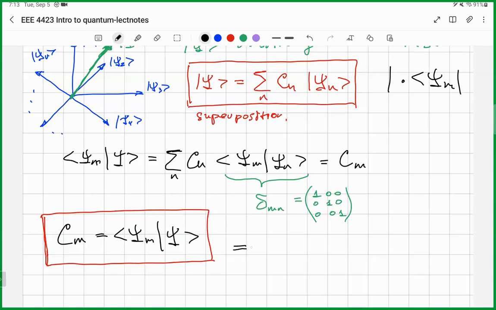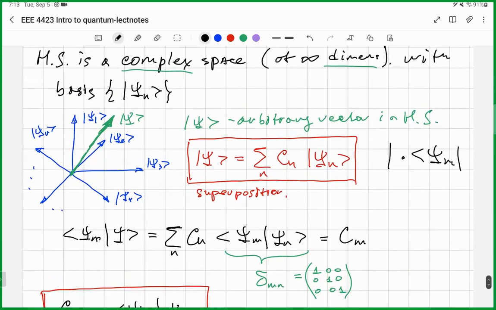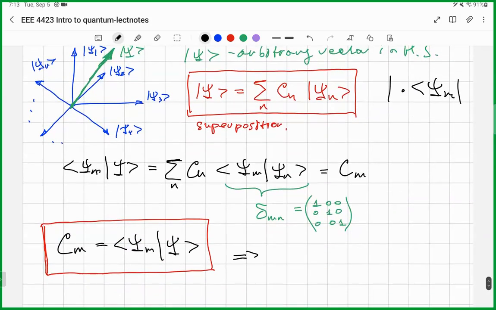And of course, now since we are in the Hilbert space, these Cm projections can be complex.